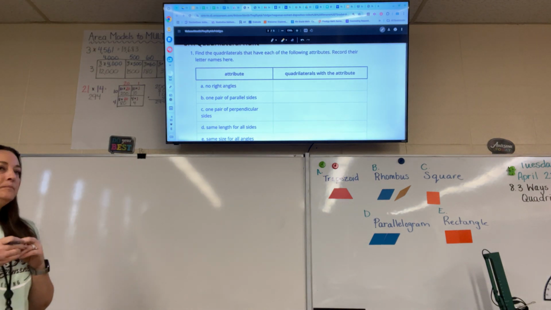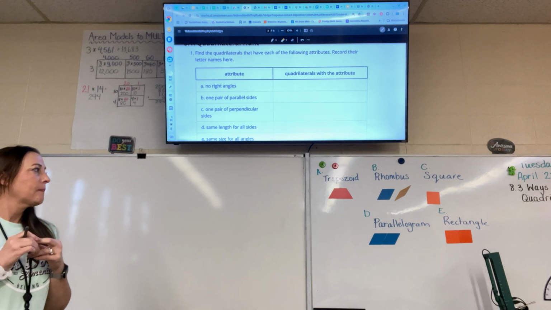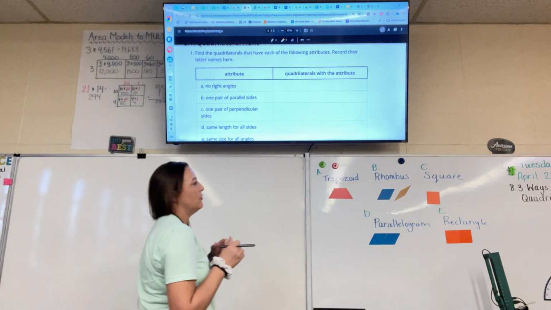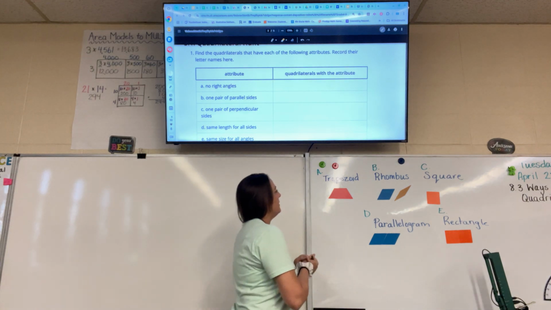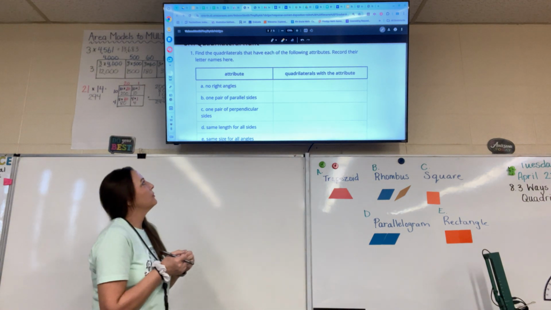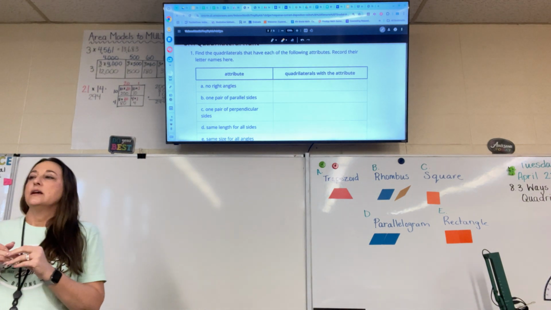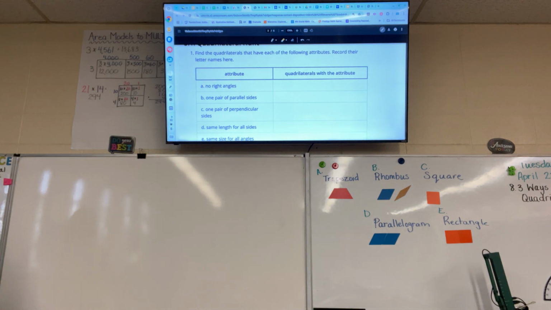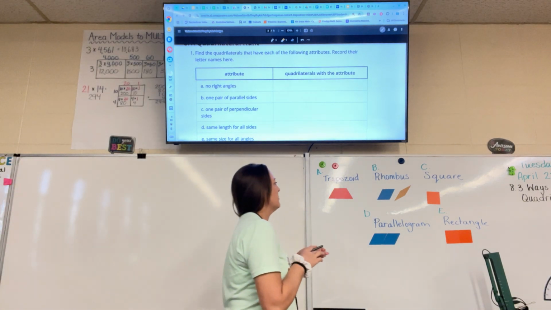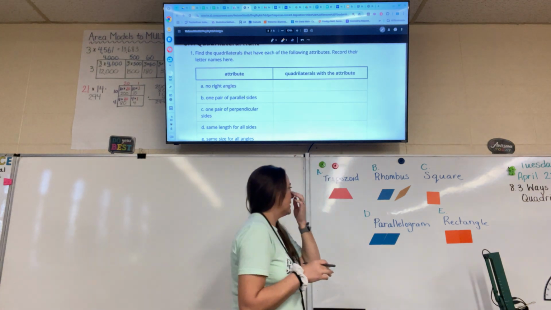Brantley, give me one. A rhombus. These rhombuses have no right angles, okay? Or they're not required to have right angles. Lila, what's another figure with no right angles? Trapezoid. Yep, trapezoids don't have right angles. You can see there.